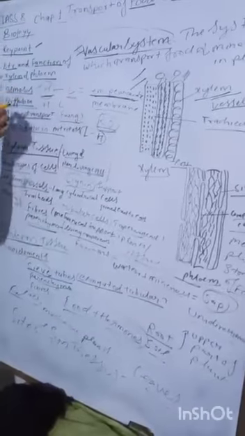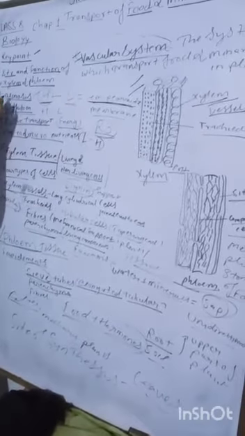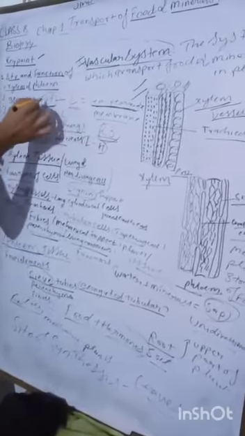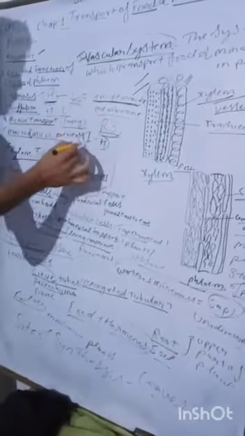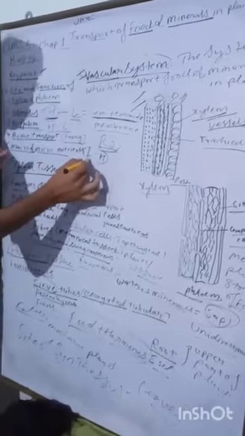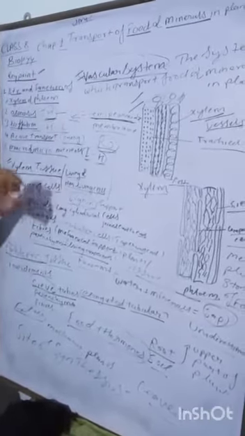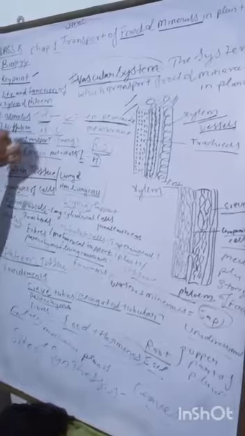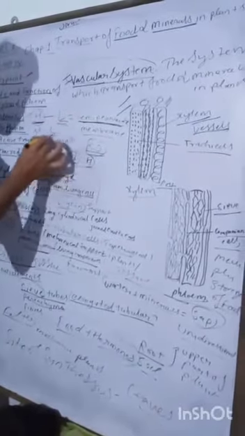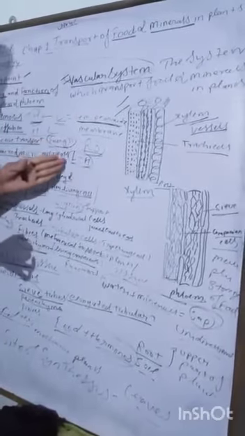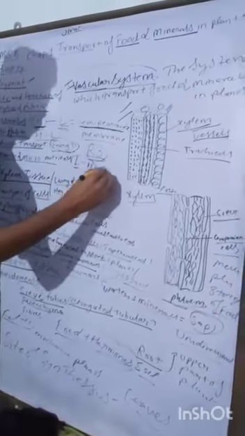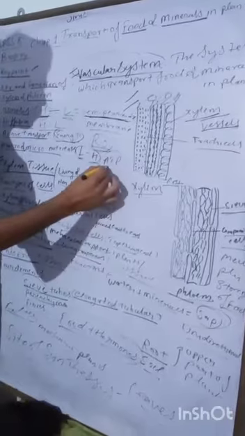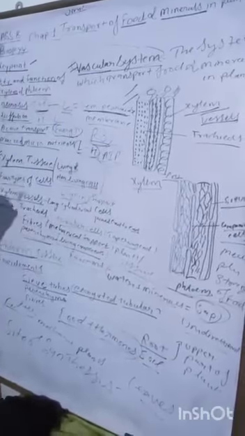Osmosis and diffusion allow movement from higher to lower concentration, but active transport moves molecules or ions from lower to higher concentration, and in active transport a lot of energy is used, in the form of ATP, adenosine triphosphate.